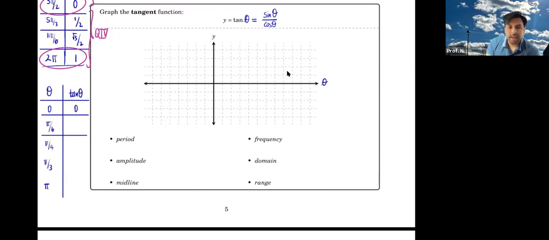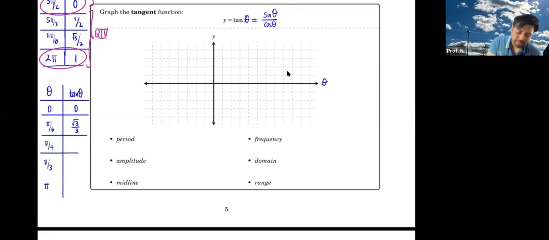What is it at pi over 6? Well, again, it's sine of 30 degrees or pi over 6 divided by cosine of pi over 6. Sine of pi over 6 is a half, divided by cosine, which is rad 3 over 2, and you get 1 over rad 3, or in other words, rad 3 over 3.